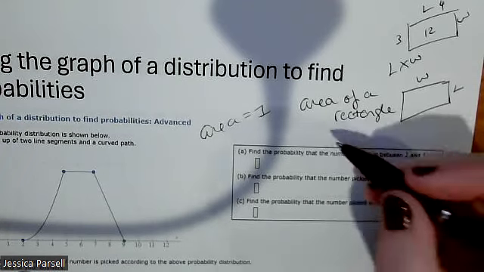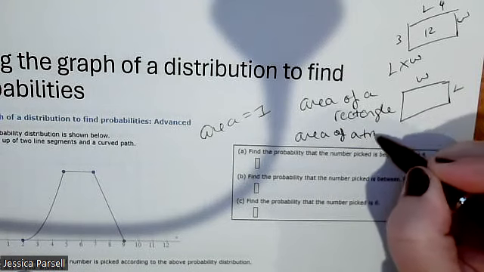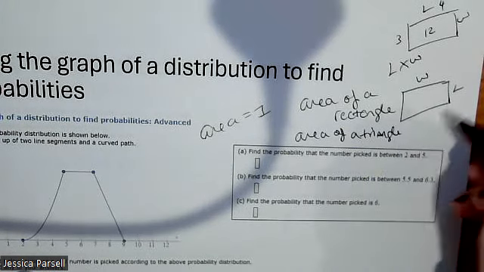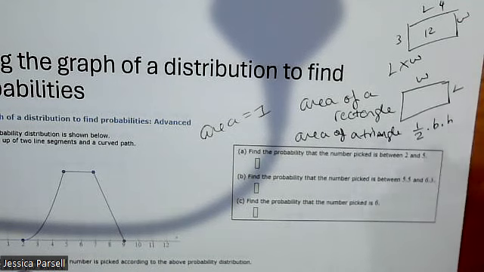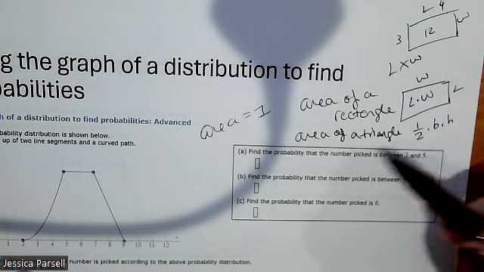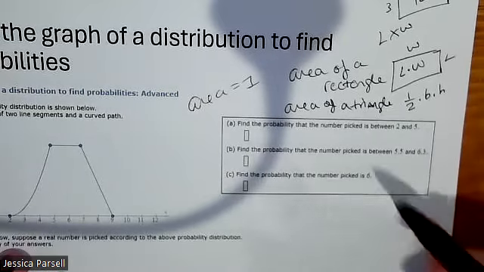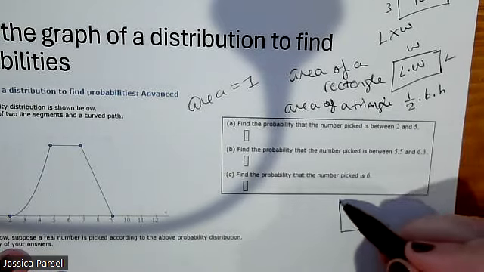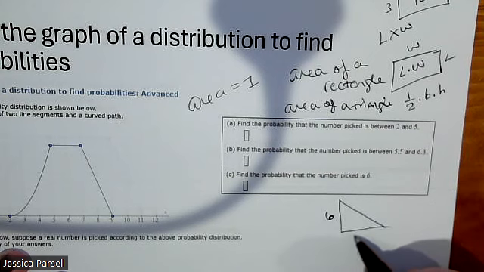We're also going to need to remember the formula for area of a triangle. So area of a triangle is 1/2 times base times height. So you want to have these formulas close. Area of a rectangle is length times width, and area of a triangle is 1/2 base times height. So let's just say you had a triangle down here, and let's say the height was 6 and the base was 12.